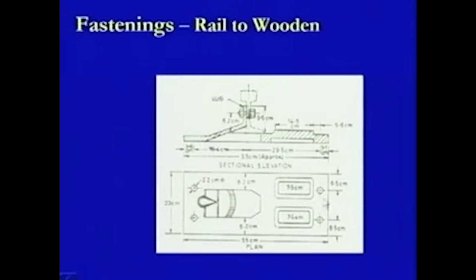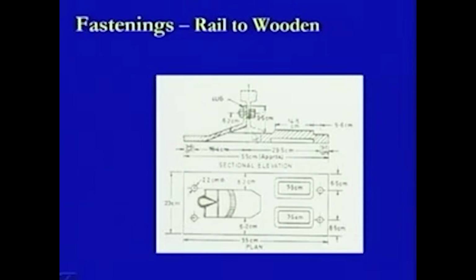Then in this case, this is another similar sort of condition, but with a different type of connectivity. Here what we can see is that instead of a spring, there is an angle coming out of the bearing plate section, and at this level the connectivity is provided using bolts and nuts.